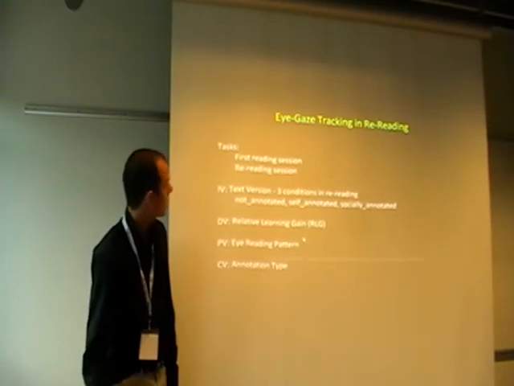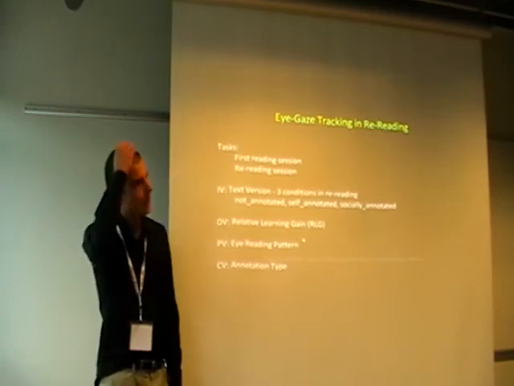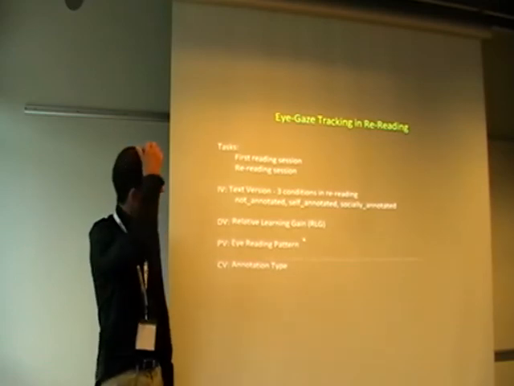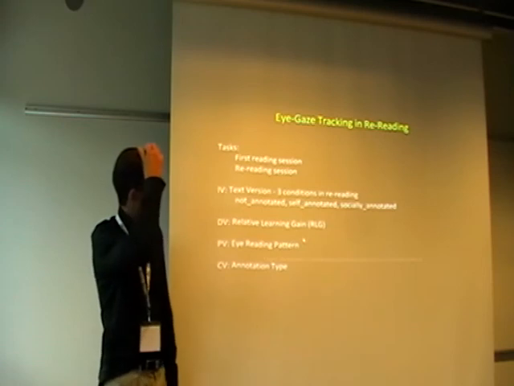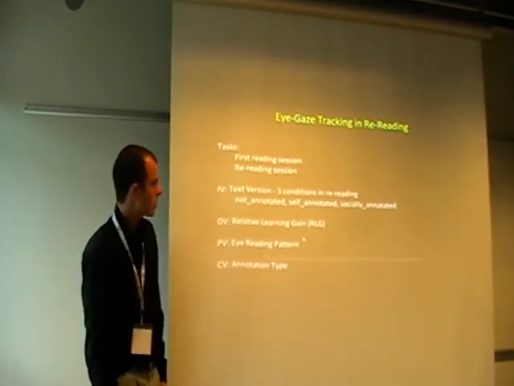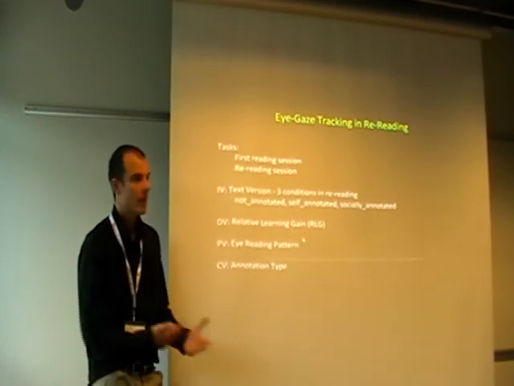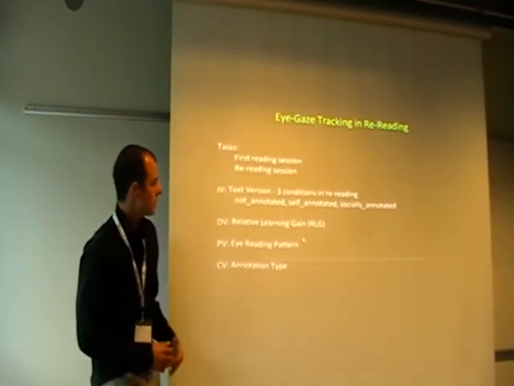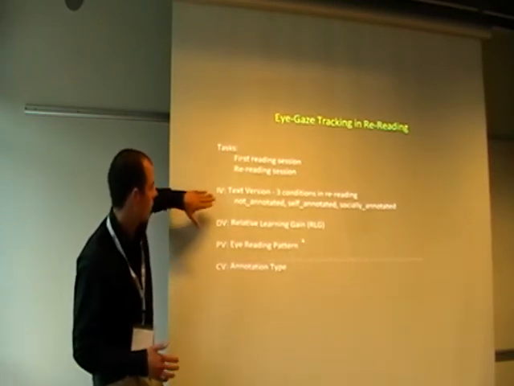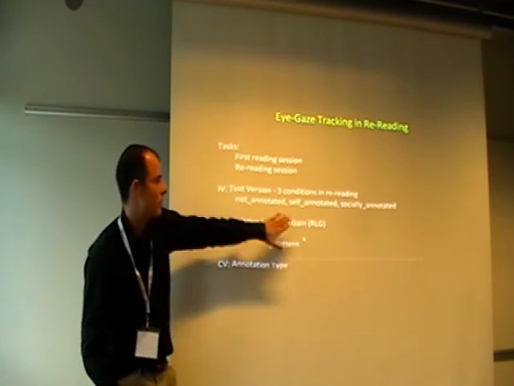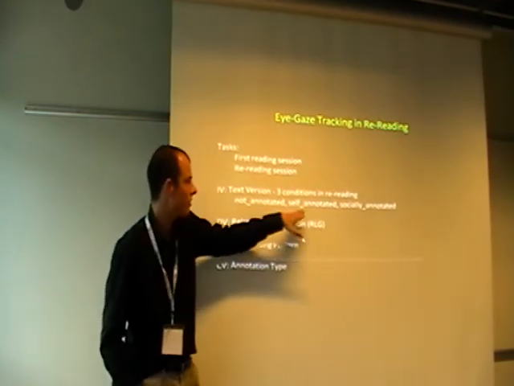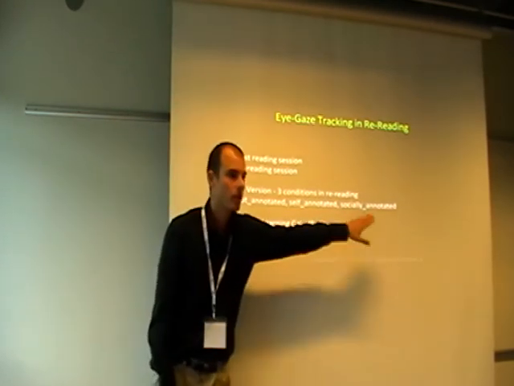So now, what's this for? We have just designed, and we're about to conduct, an experiment involving eye tracking machines, with subjects in reading and rereading sessions. We thought about three different text versions for the experiment: the non-annotated version, the self-annotated document, and the socially annotated document.